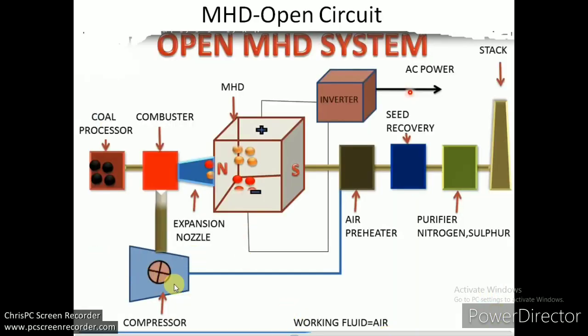So here you can see the provision of a compressor, which utilizes the exhaust energy coming with these exhaust gases or plasma gases. Here is the air preheater. The air preheater utilizes this exhausted energy to increase the temperature of the surrounding air, and this preheated air is transferred to the compressor. The compressor compresses this preheated air and then transfers it to the combustion chamber.